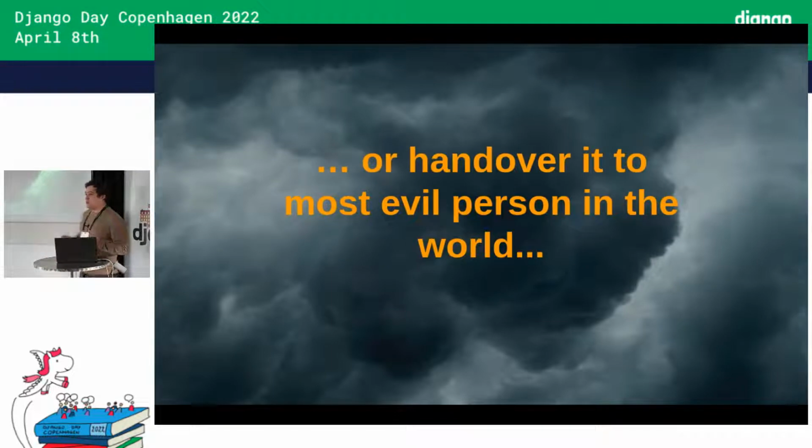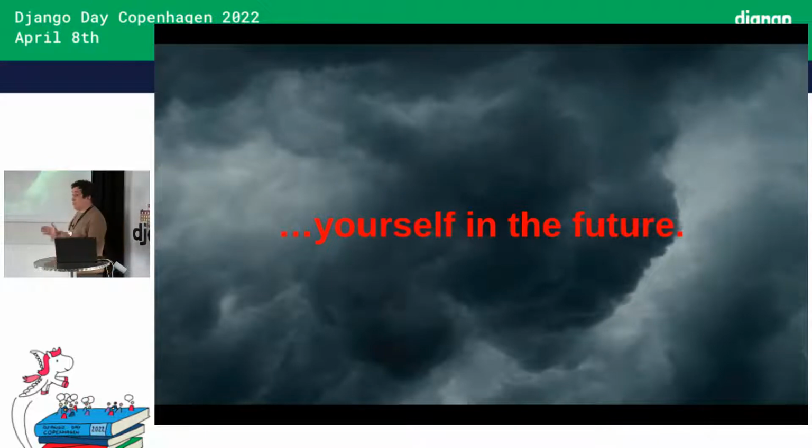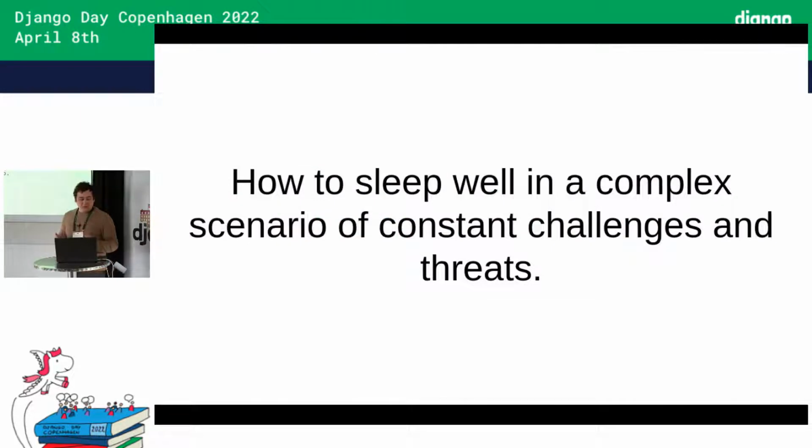And you need to hand over the system to the most evil person in the world, which is yourself in the future. I bet you guys have that feeling: oh, who wrote this code? Ah, that was me. That's a bit of a shame. So you need to think of a way to manage these complex scenarios of threats and constant changes, because the only constant in the software industry is that things are going to change.